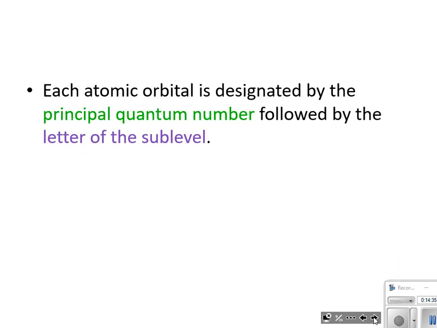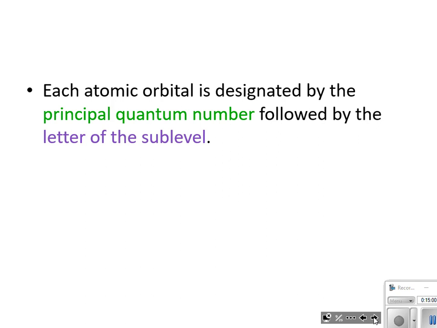Each atomic orbital is designated by the principal quantum number followed by the letter of the sublevel. The principal quantum number, which is the main energy level, and the sublevel.